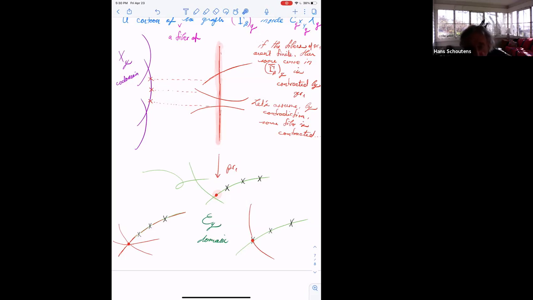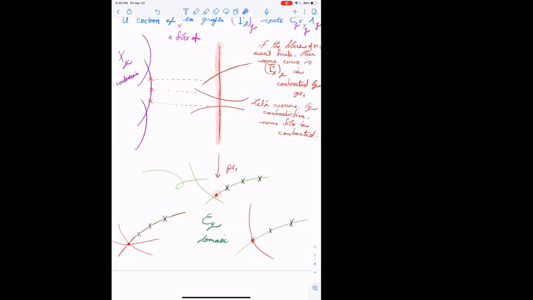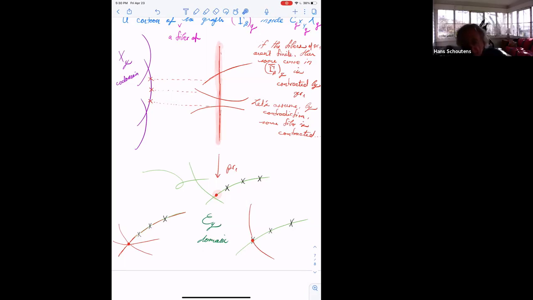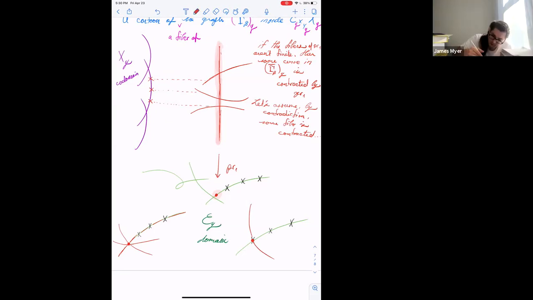Somehow the three components come from the idea of three marked points, and that was not explained. How the three marked points are logically giving three components passing through the curve that might be collapsed, giving the contradiction. But where do those three components come from? Yeah, so that's fair. This is not explained.